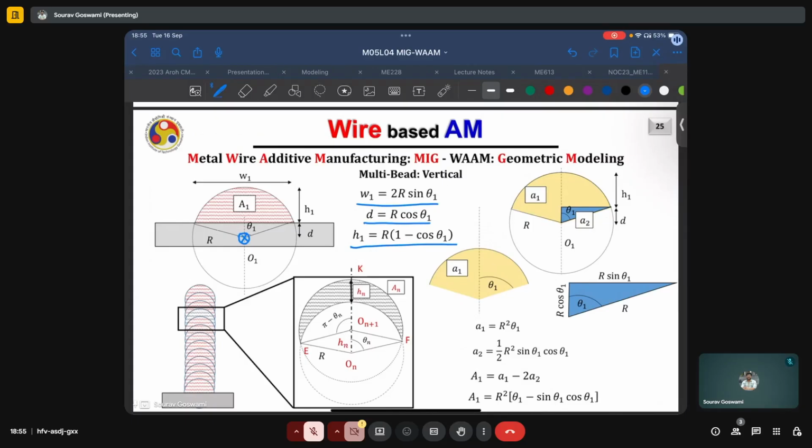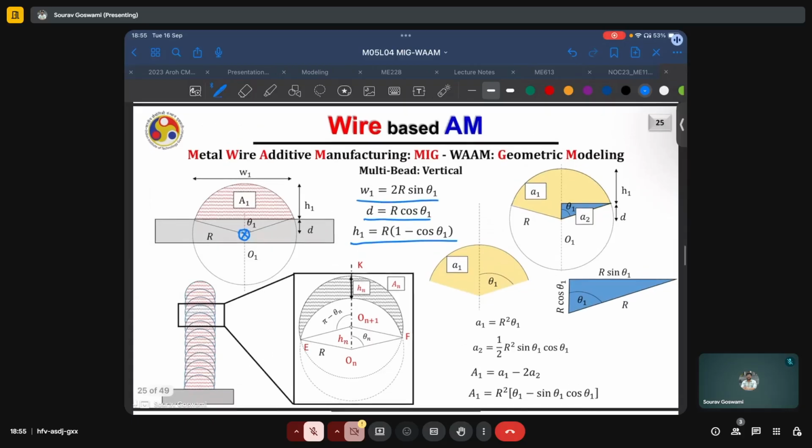As I said, we are interested in finding the red hatched area A1, and this is some algebraic function of this blue triangle and this yellow sector. If we subtract twice this blue triangle from the yellow sector, we'll end up with area A1, and that is exactly what's done here.